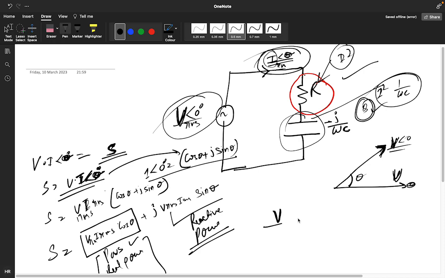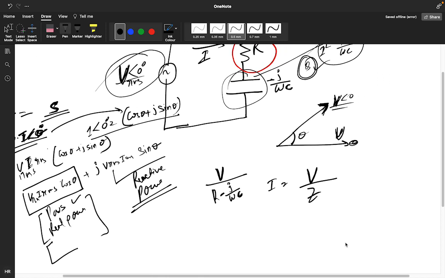V divided by R minus j upon omega C. Suppose we need to find the value of current in this. So this current will be V divided by Z.